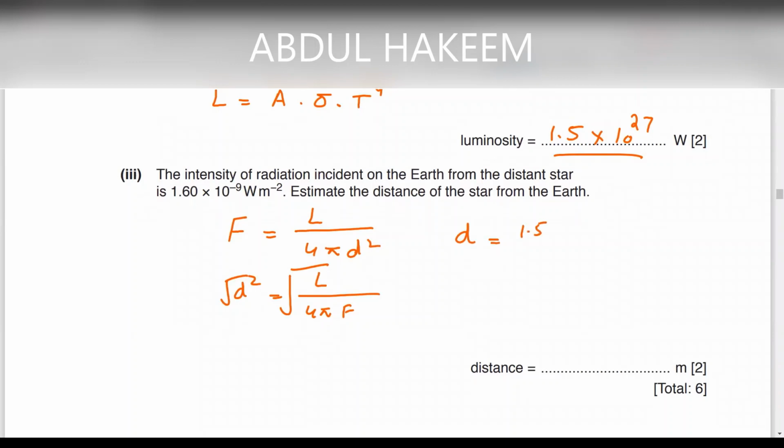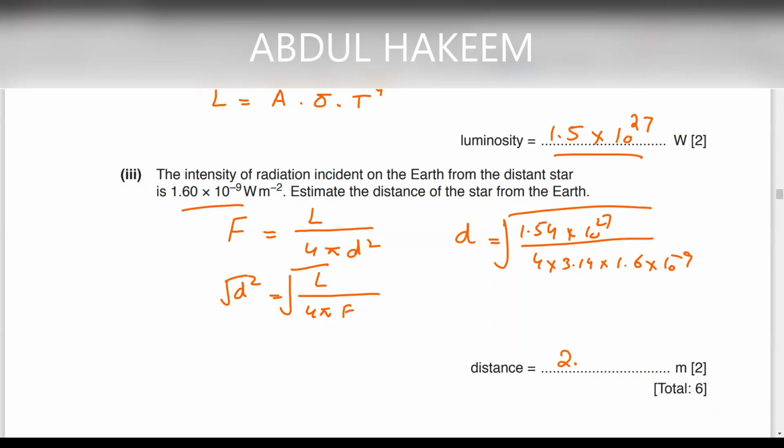It was 1.54 into 10 power 27 divided by 4 pi, the value of pi 3.14, and the flux intensity is given 1.6 into 10 power minus 9, and the whole under root. This will give you the answer for the distance. The calculation is coming approximately 2.75 into 10 power 17.